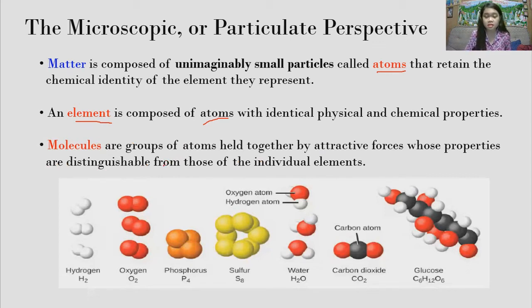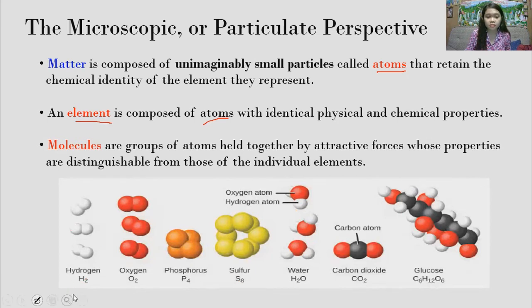They represent the smallest fundamental unit of a chemical compound that can take part in a chemical reaction. In this diagram, you can see different combinations of atoms, but let us determine which of them are elements or molecules.